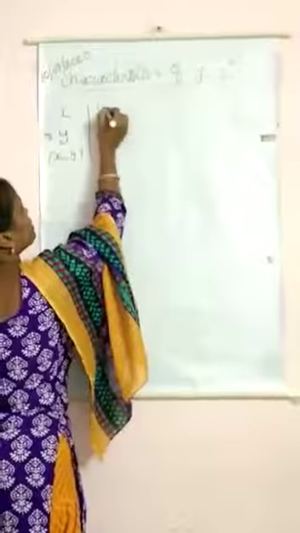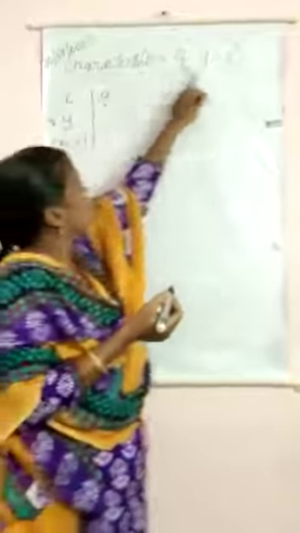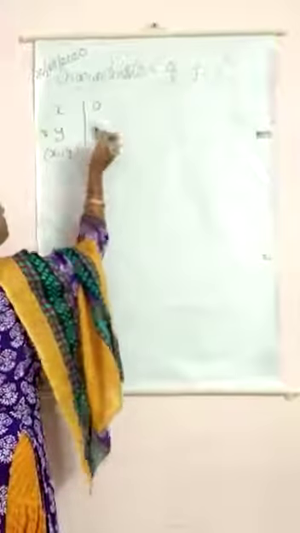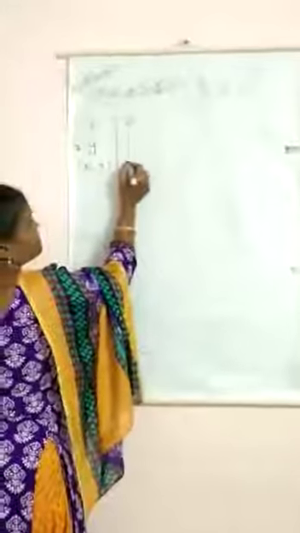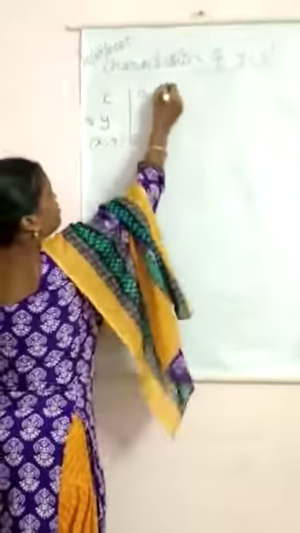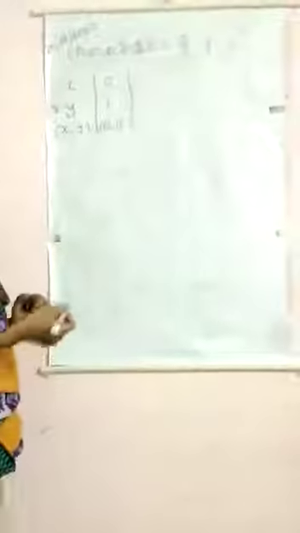If we put 0 in the power, that means 2 power 0. What is the value of 2 power 0? It is 1. So the y value here is 1, and the point is 0 comma 1.